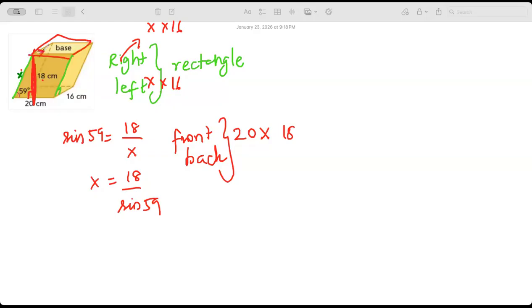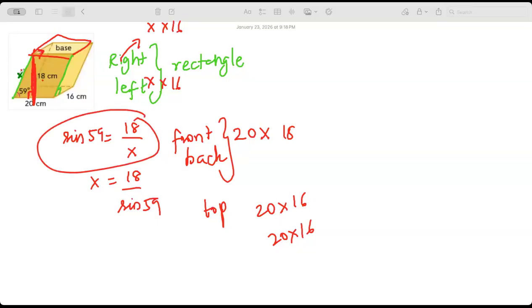You see here, they have marked it. So what is the top and bottom area? 20 times 16. You got it, guys? Now the only hardest part is you'll have to find out x. That is the same as this height. That you need to use here. Make sense, guys?